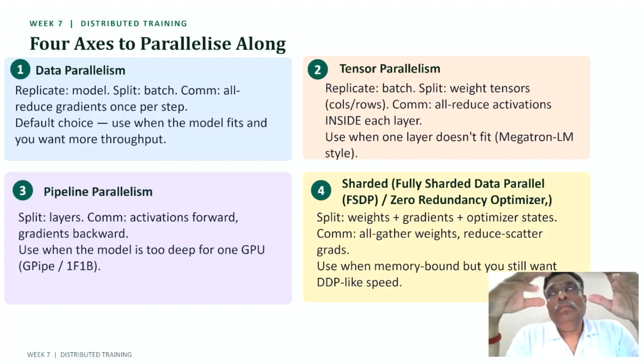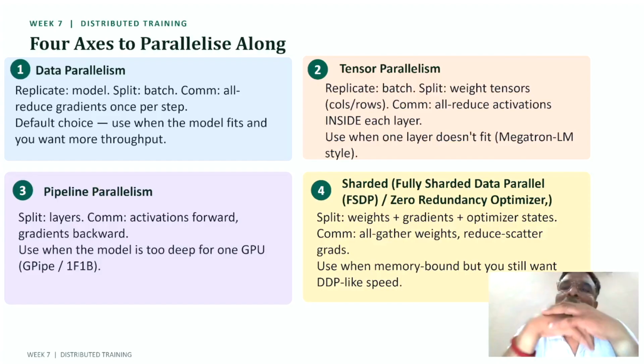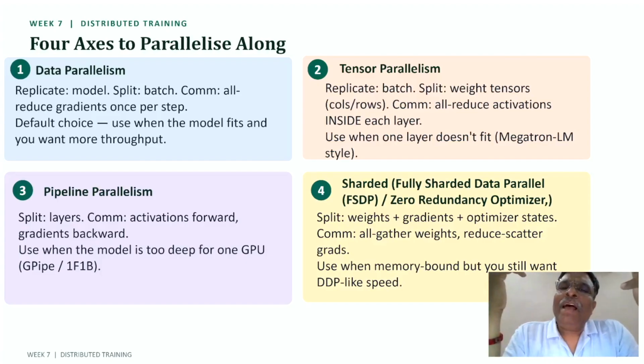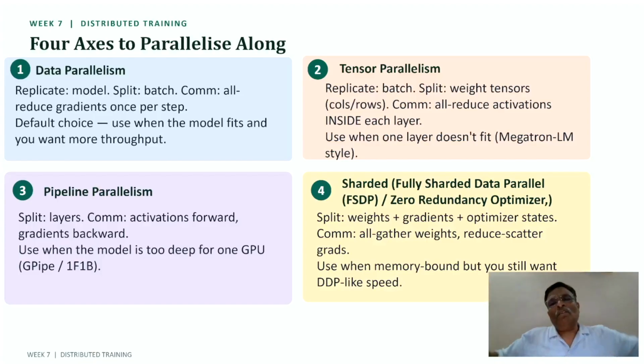The second type of parallelism, or the way in which we can parallelize things further, is tensor parallelism. We can split the weight tensors, the columns and rows, and then have all-reduce of activations inside each layer. We can use this when one layer does not fit.